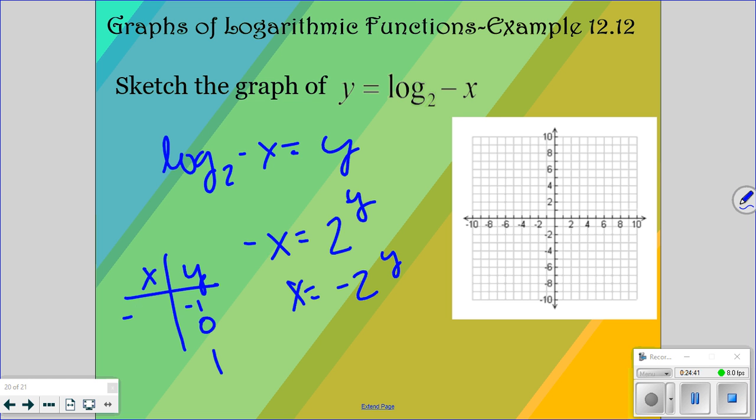So we get -0.5. When we plug in 0, we get -1. When we plug in 1, we get -2.